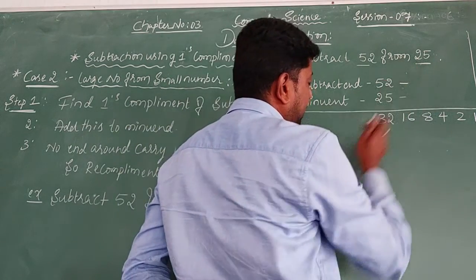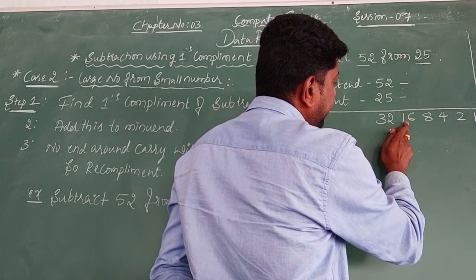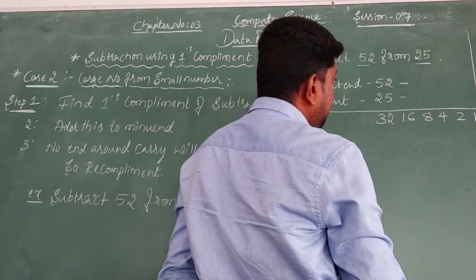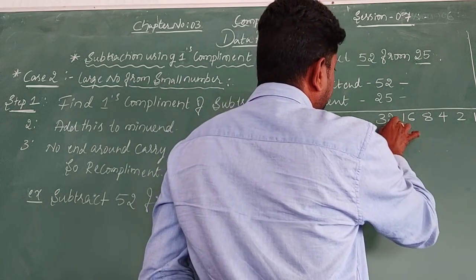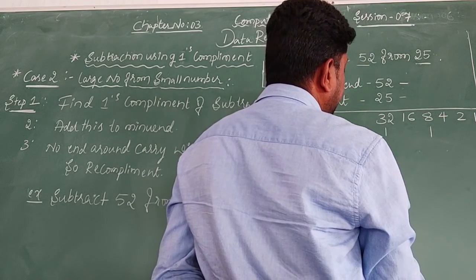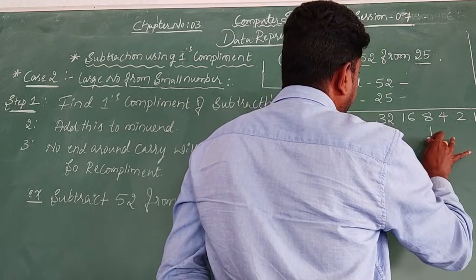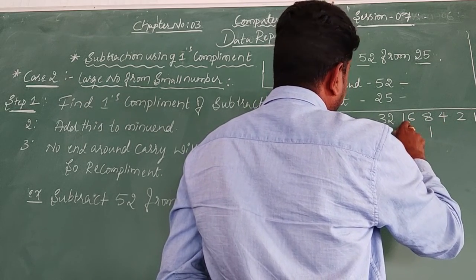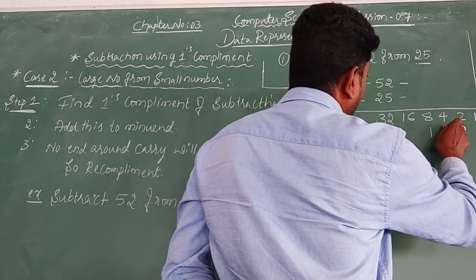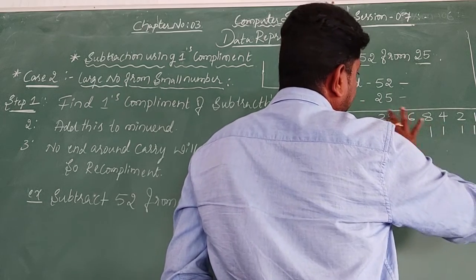For 52, 32 plus 8 is 40, 40 plus 16 is 56, that does not fit. 32 plus 8 is 40, 40 plus 4 is 44, 44 plus 2 is 46, 46 plus 1 is 47, that does not come either.